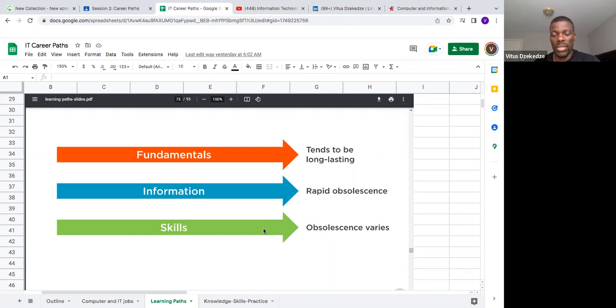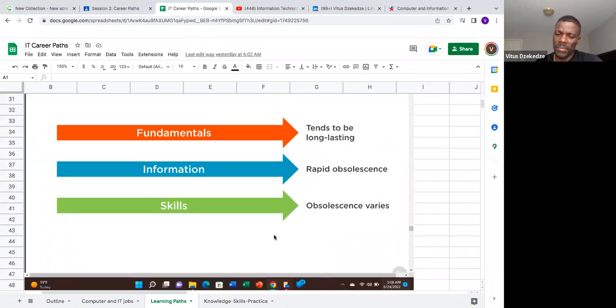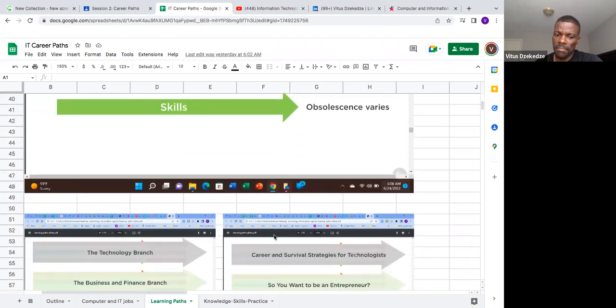So again, your skills actually vary. What are your skills built on? If your skills are built on fundamentals, they're always going to last forever. But if your skills are built on the information track, then they're going to be rapidly obsolete. Does that make sense?